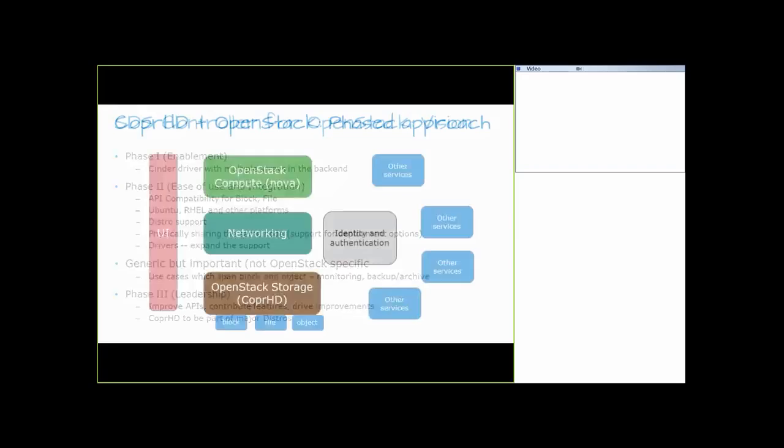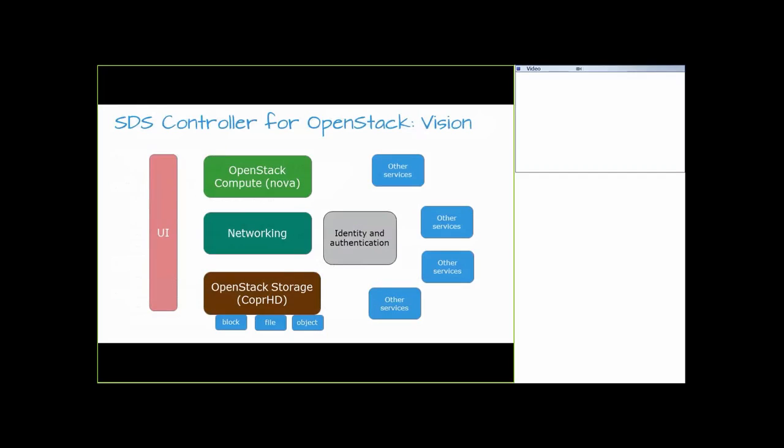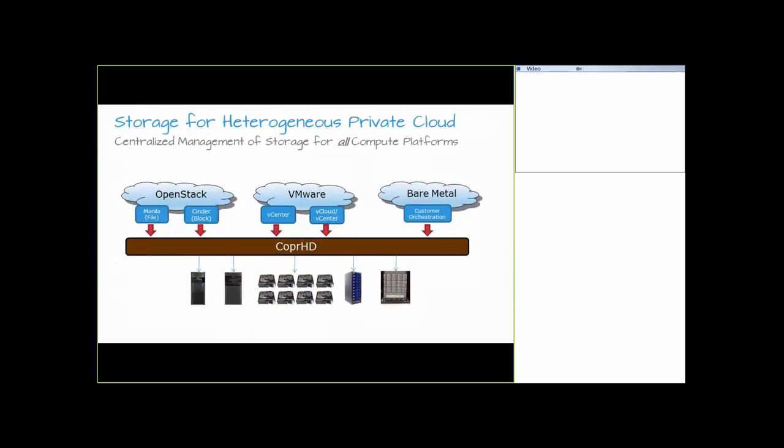Okay, I think I'm almost done. As Sal was saying, long term we want to have a single layer which handles all block, file, and object. And again, we want a common layer which spans across OpenStack, VMware, bare metal, and all the different platforms.